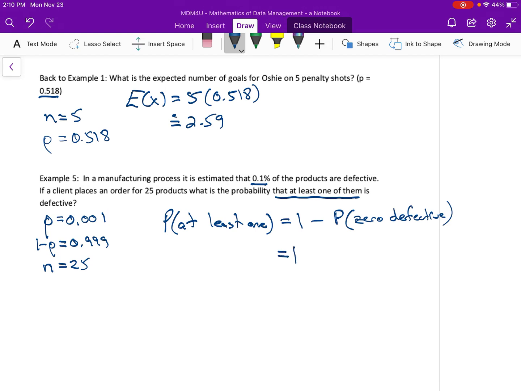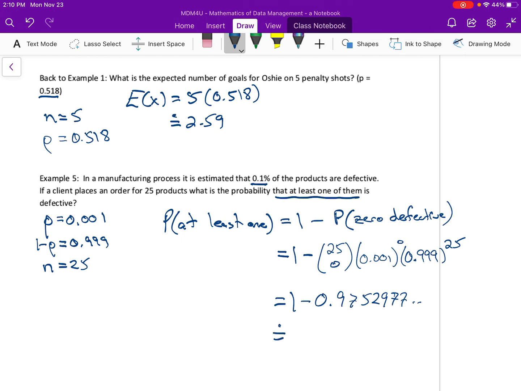So if I plug that in, I want to think of, in this case, my probability of 0 defective. So that means in this one, my x is going to be 0. So I have 25 choose 0 times the probability of defective, which we said was 0.001, but I have it to the exponent 0. So you could actually leave it out. And then all of them, in this case, are going to work. So I've got 0.999 to the exponent 25. And I can plug all those in and do 1 minus. So this number keeps going.